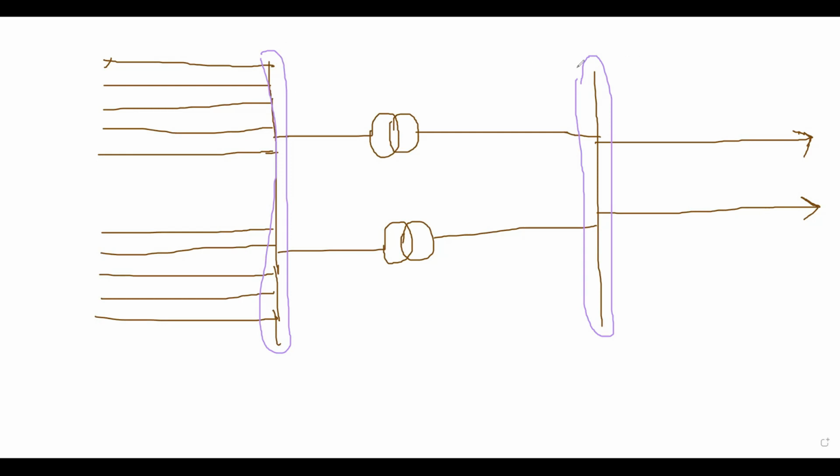Now let's see different busbar schemes. Let's take an example of 4 incomings and 2 outgoings.